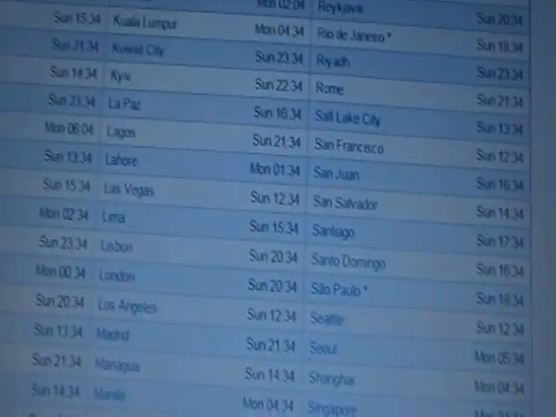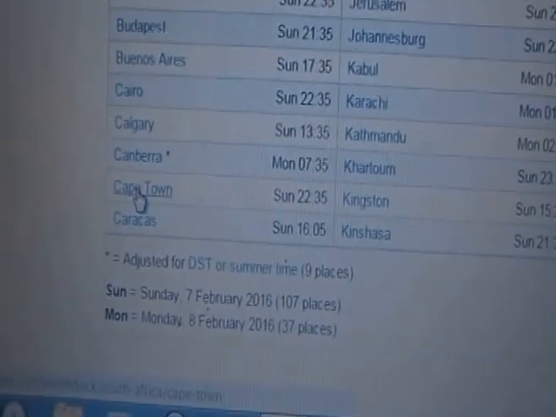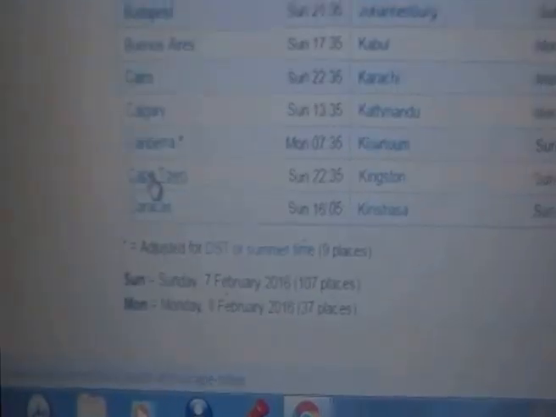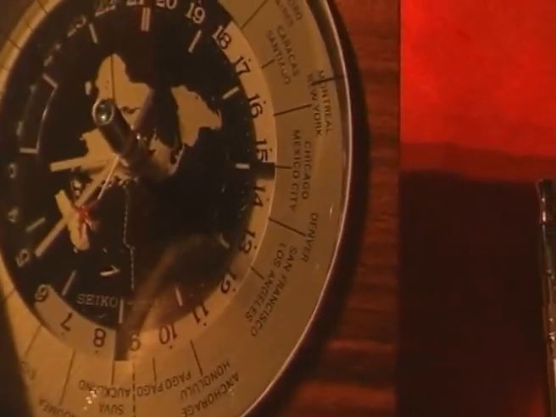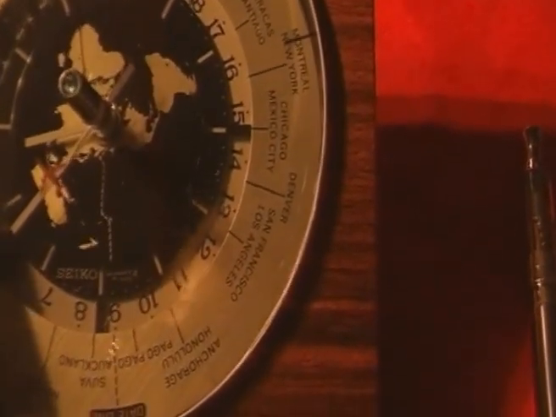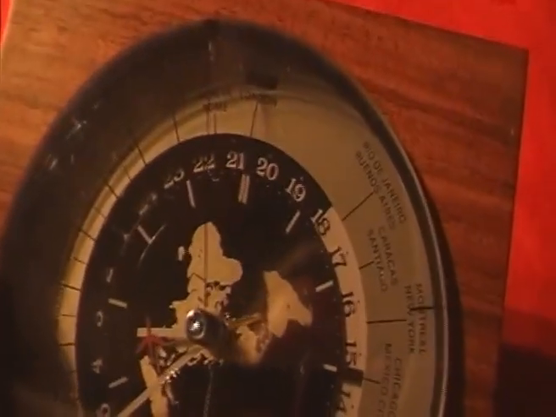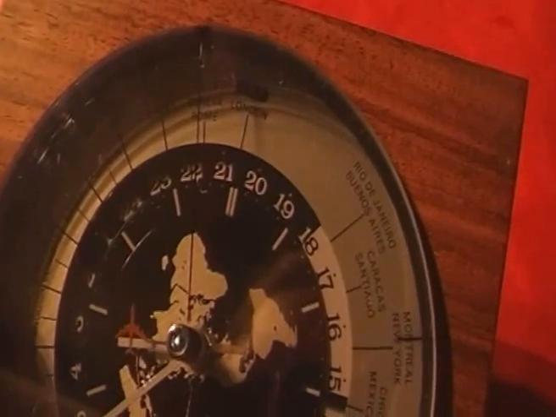Oh no, I won't. Ah, there she is. Cape Town. 22:35. Wow. I would say that was about right on the clock.